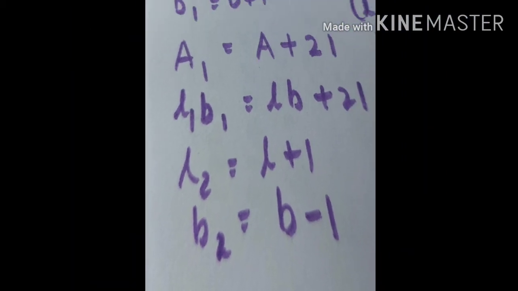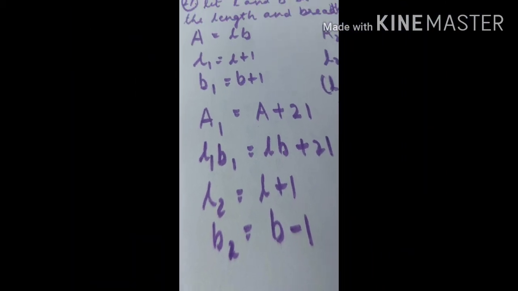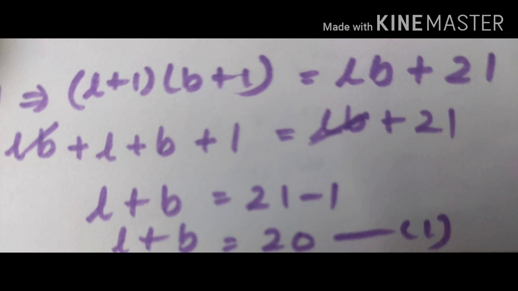By the condition we will write our equation. Now you see that I have substituted this L plus 1 and B plus 1 in that equation, where L1 B1 is equal to LB plus 21. So L1 B1, that is L plus 1 and B plus 1 substituted, is equal to LB plus 21.